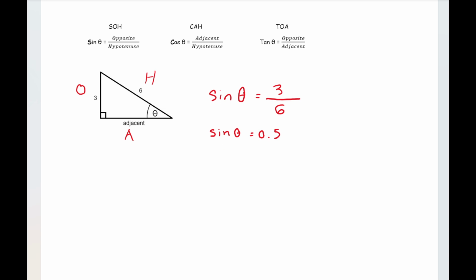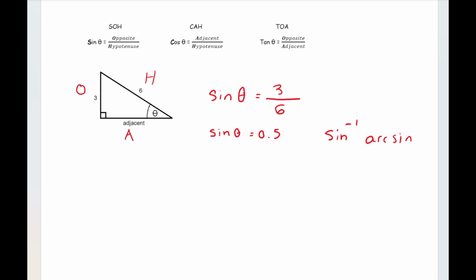And now we need to find a way to get our theta by itself, which means we have to break this apart and move the sine over here. The problem with that is, unlike in our previous example where you're dividing it all by the sine, when you break this apart and move just the sine to the other side, you get what's called an inverse sine. In your calculator, that might look something like this. It's also called arc sine.